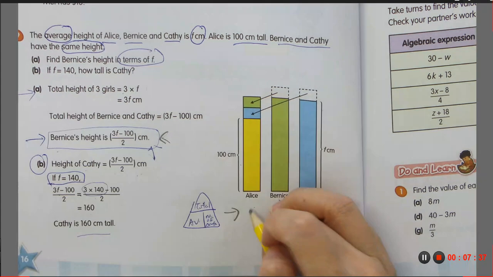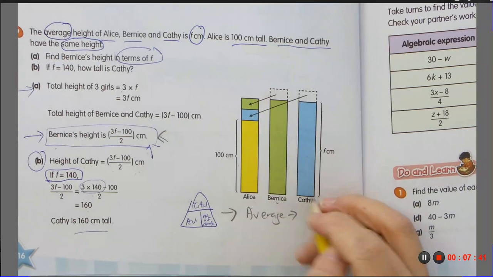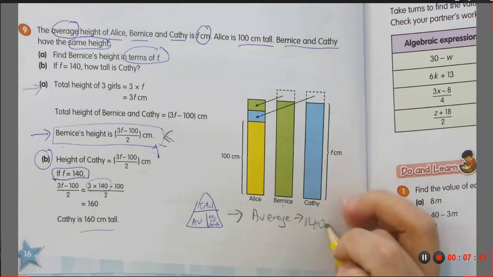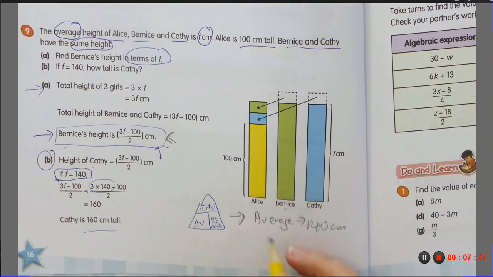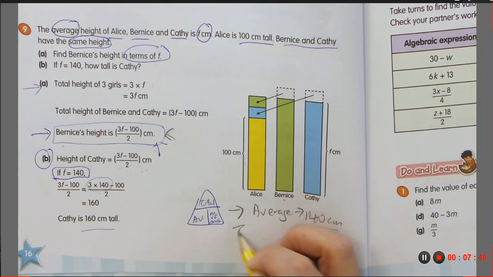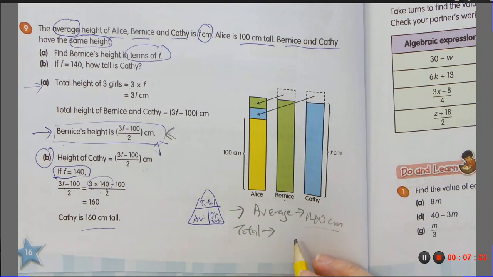Okay. So I got the average is what again? 140. Good. Now, if the average is 140, what's the total?